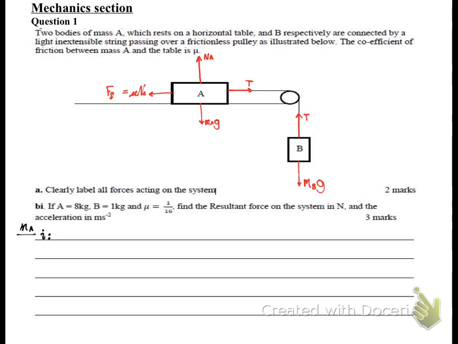Okay, so considering the first mass, we're going to break it down into the I component, the horizontal component. So the sum of all the forces is mass times acceleration.